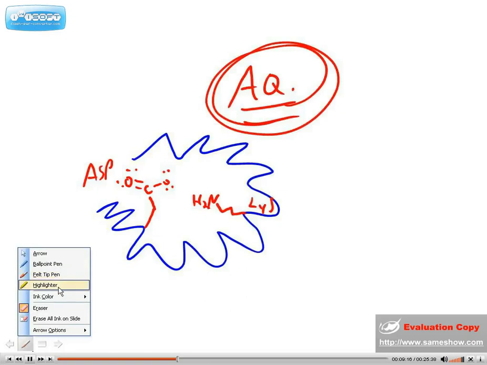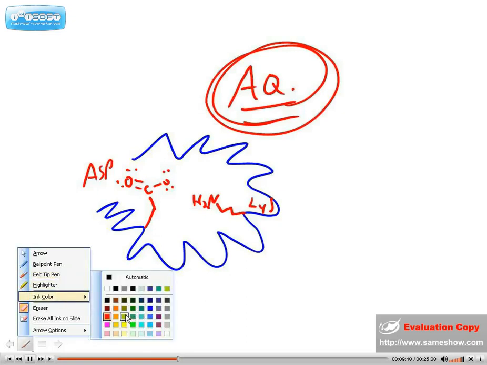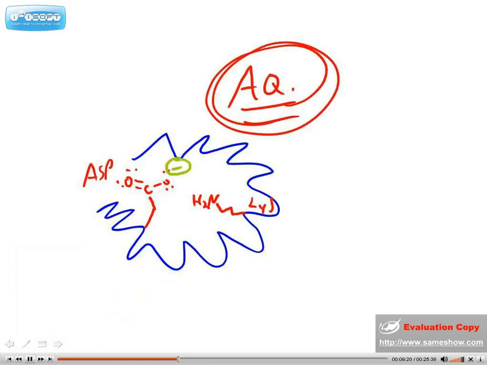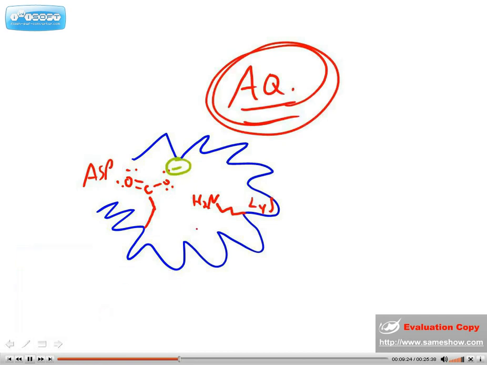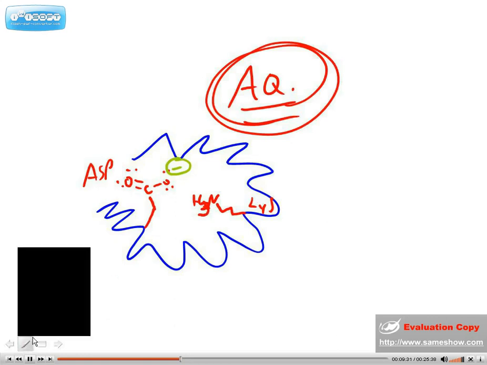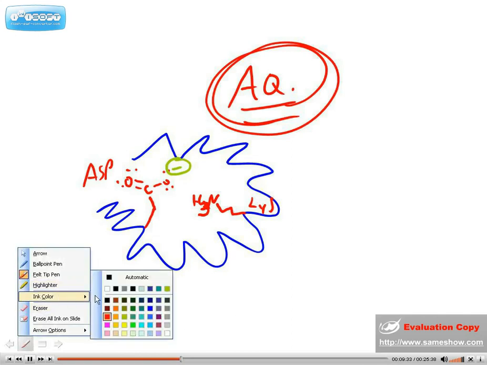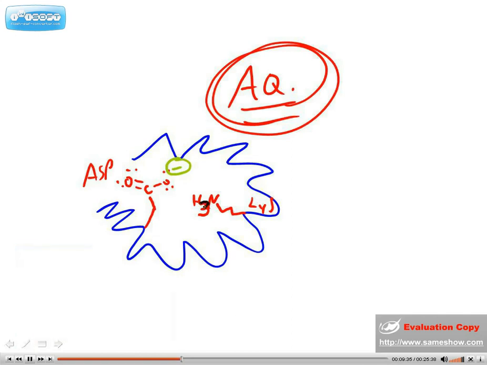This makes it a negative charge. You then want to put on another hydrogen, so it's now NH3 with a positive charge.